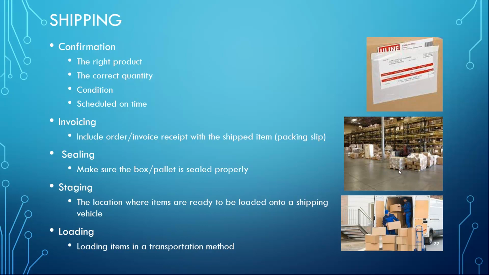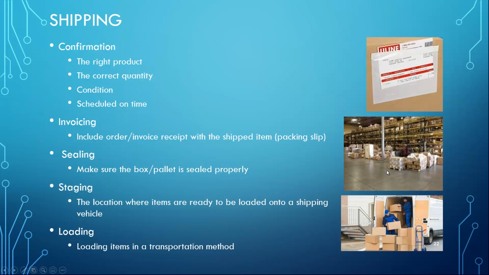Staging is putting the packed boxes or pallets at the location where the items are ready to be loaded onto a shipping vehicle, and that's where you see staging. This is the staging area, and all these pallets are ready to be shipped.